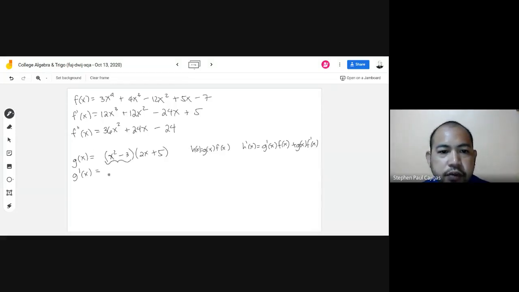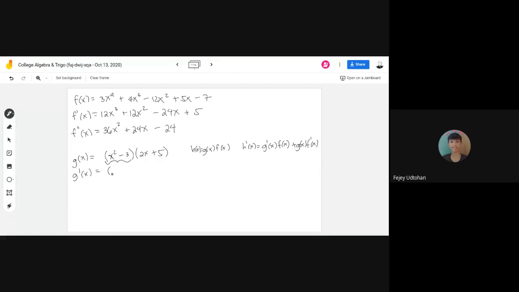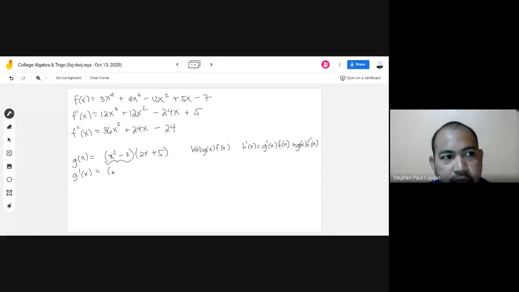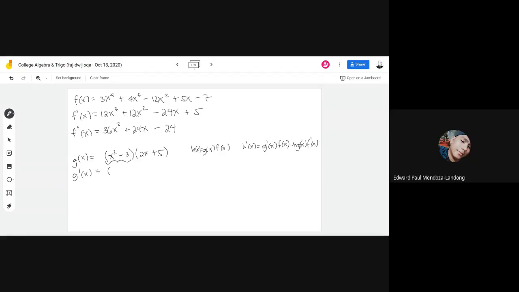What is the derivative of x squared minus 3? 2x.